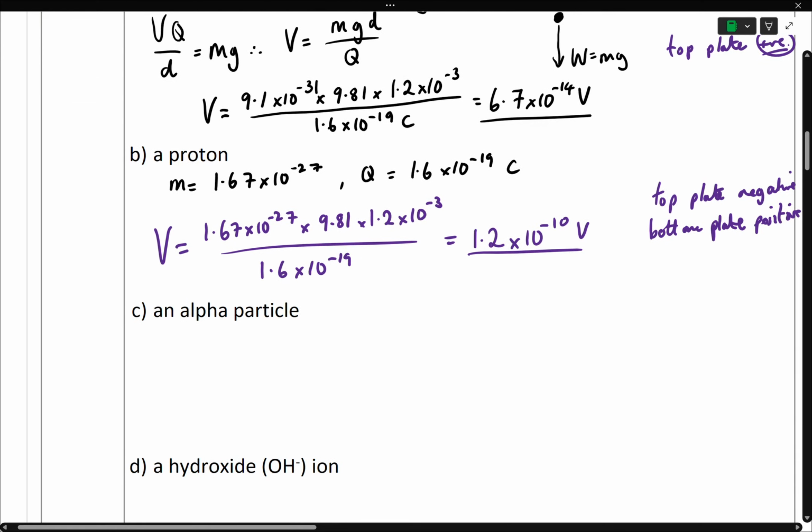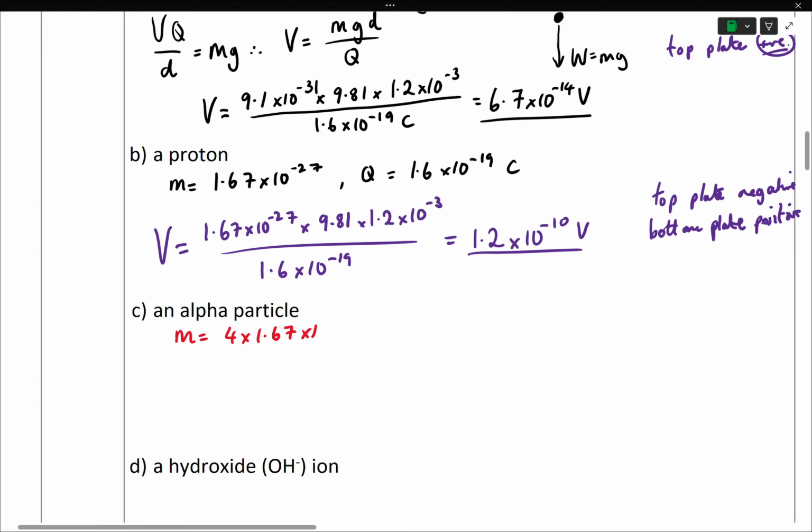Then next we've got an alpha particle, so let's use another colour. Its mass is 4 lots of the mass of a proton, and its charge is 2 times the charge of an electron, but positive.